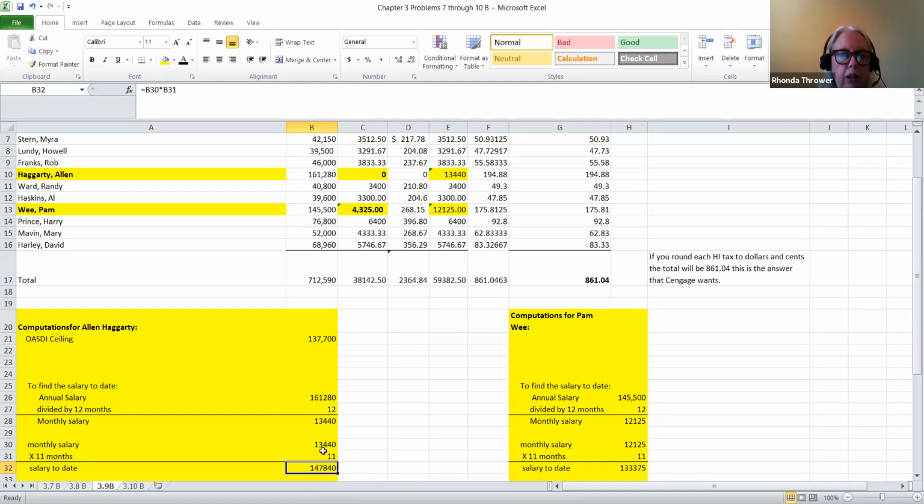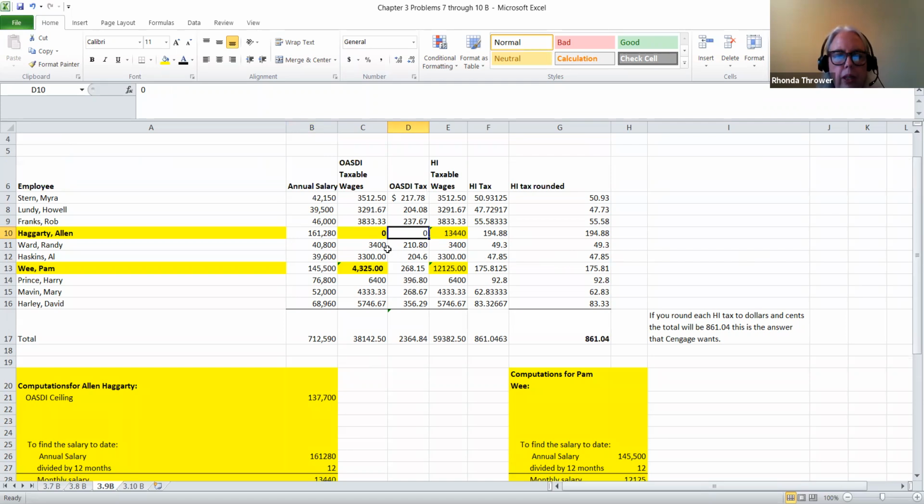So for this monthly salary, there would be no taxable OASDI wages. Since there are no taxable wages, there would be no tax withheld from that employee. So there's zero wages for OASDI because his wages were already above the ceiling of $137,700.